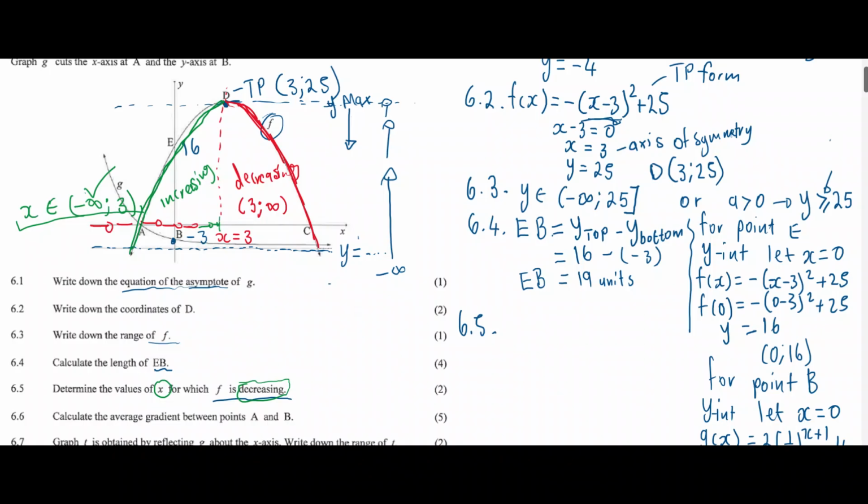So if that's decreasing, it's when we move from this to the right hand side. And going to the right hand side of that, that's the part where the graph is decreasing, and it's from 3 to positive infinity, right? Which is written in this form, right? So allow me to write that it's when x is an element of 3, from 3 to positive infinity.